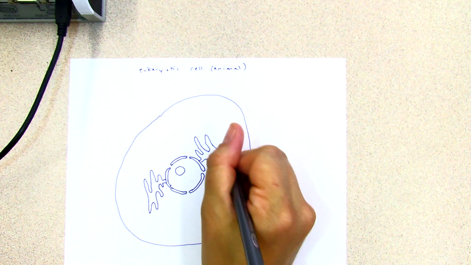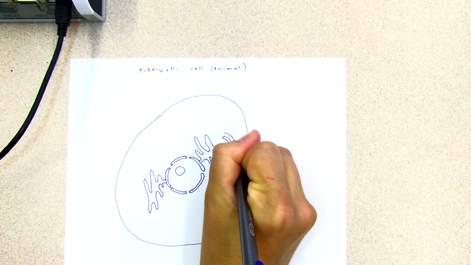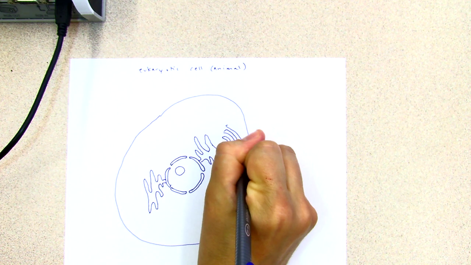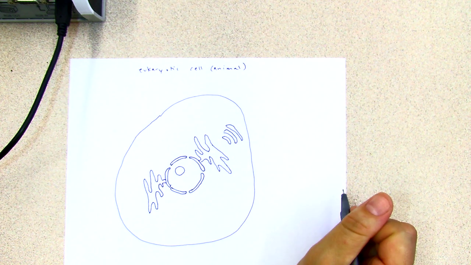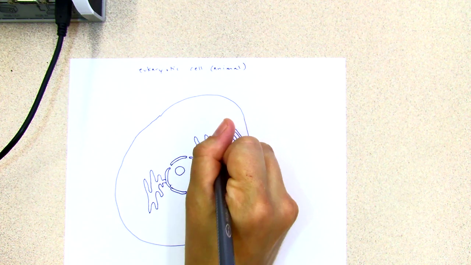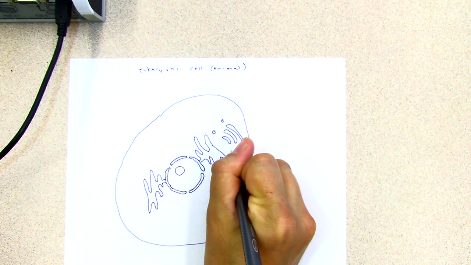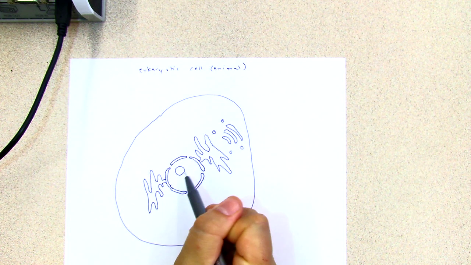I'm going to add this structure, which kind of looks like a stack of flattened pancakes. Some discipuli have told me before it looks like a Wi-Fi symbol. So whatever you think it looks like. And then I'm going to add some vesicles here. I hope you realize what I've drawn is the endoplasmic reticulum.